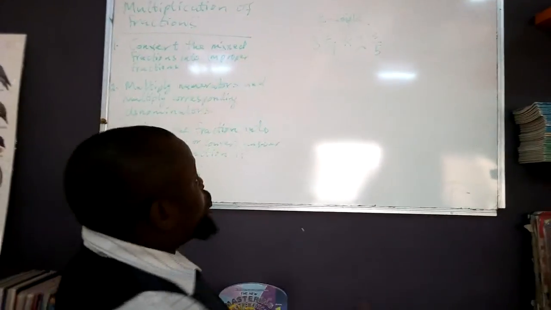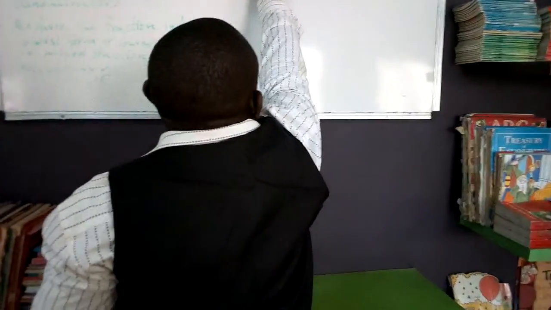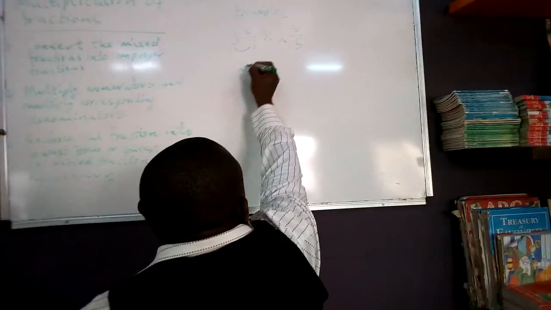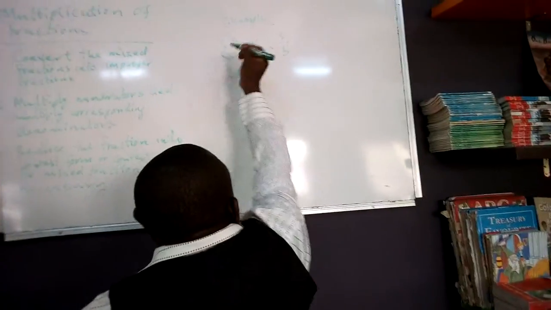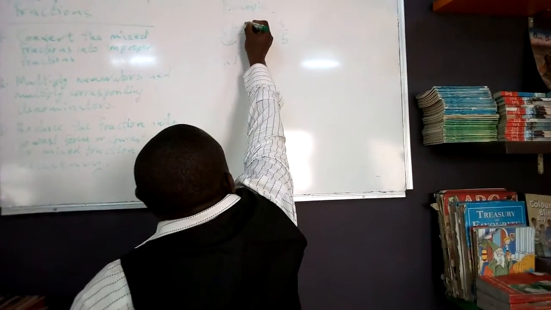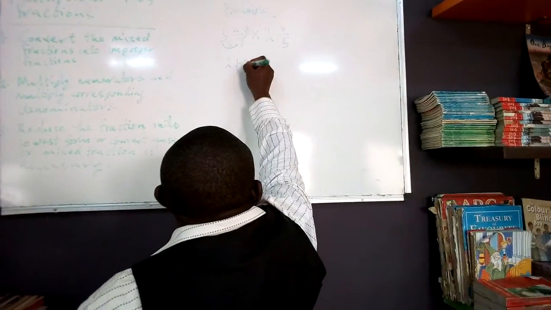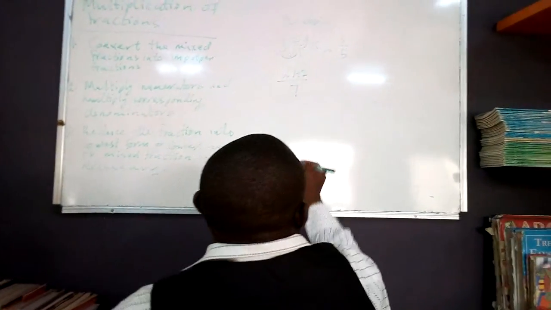So the first thing we do is to convert these. If we say 3 multiplied by 7, we are going to have 21. So the first step to take care of is multiplication. Then the next step to take care of is addition. We now say 21 plus 2 all over 7.